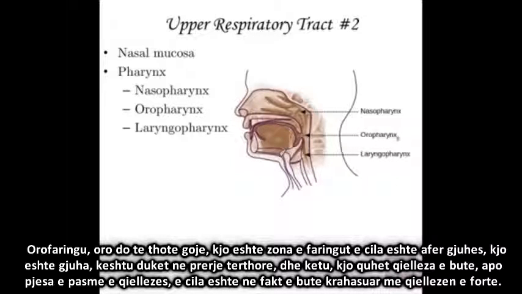The oropharynx, oro coming from oris or mouth, oral, that's the area of the pharynx that's adjacent to the tongue. So this is the tongue, kind of a weird looking tongue, but that's how it looks when you have a sagittal cross section and it's inside the mouth. That's what the tongue looks like. And right here, that's called the soft palate. The most posterior or dorsal part of the palate is actually soft compared to the hard palate.